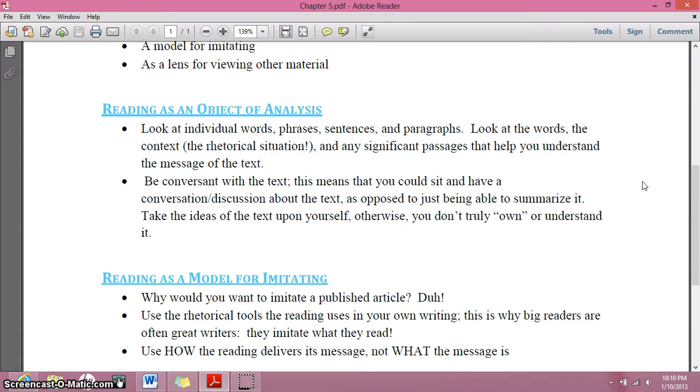You want to see how it's going on. Okay, even though, again, analysis does do that. It's just a step up. Okay, does that make sense? That one's pretty self-explanatory. You just look at a reading, you find elements that you like, and you apply those elements to your own writing.